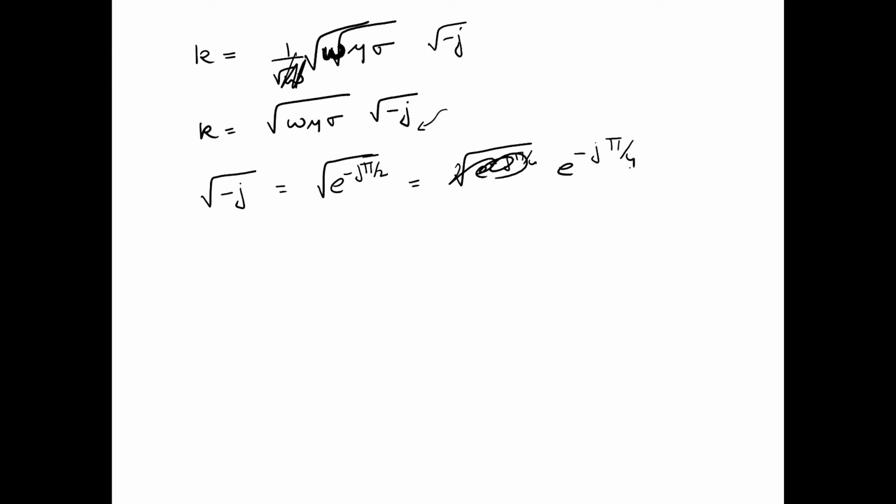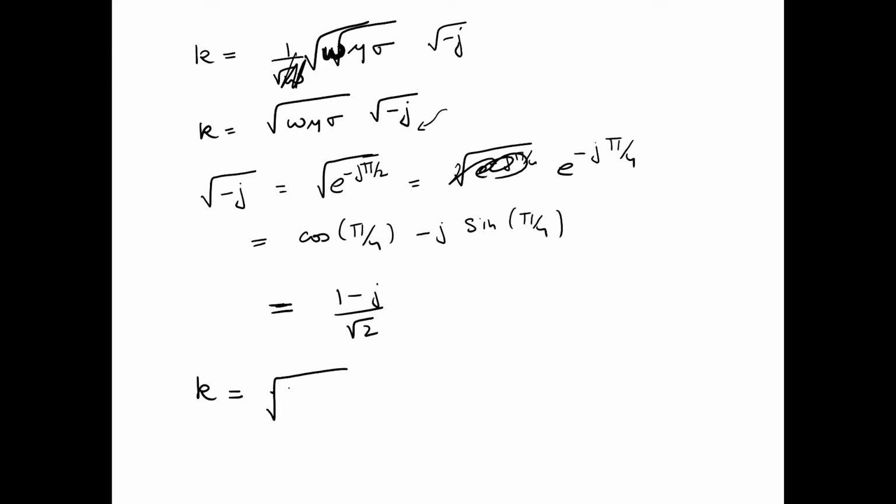So that becomes cos pi by 4 minus j sin pi by 4, or it becomes (1 minus j) by square root of 2. So k here is now square root of omega mu sigma times (1 minus j) by square root of 2.